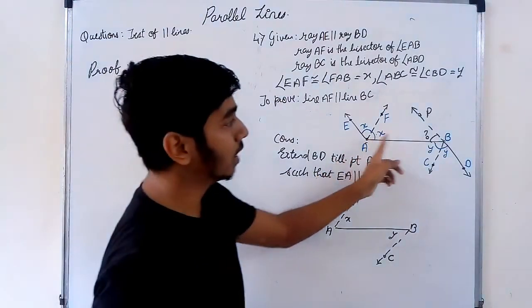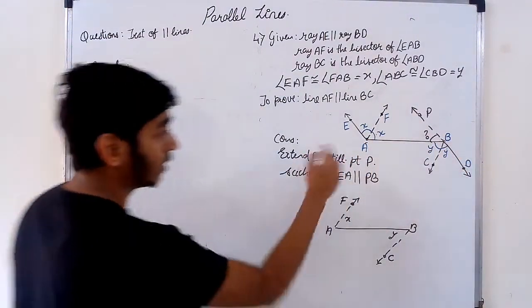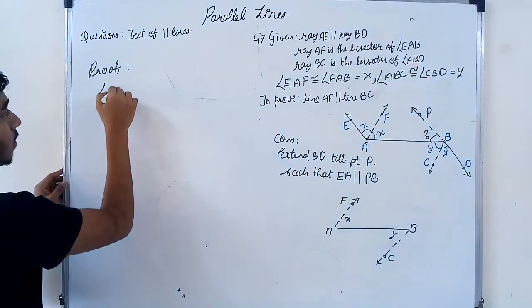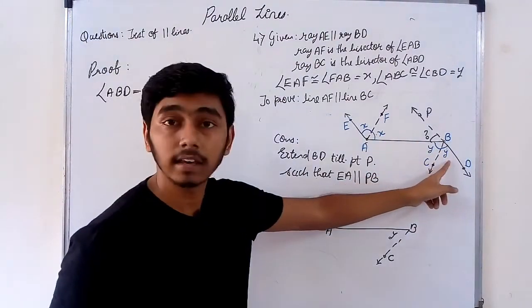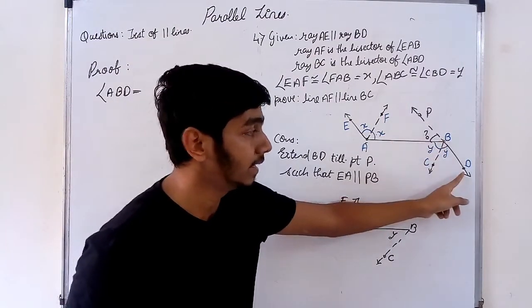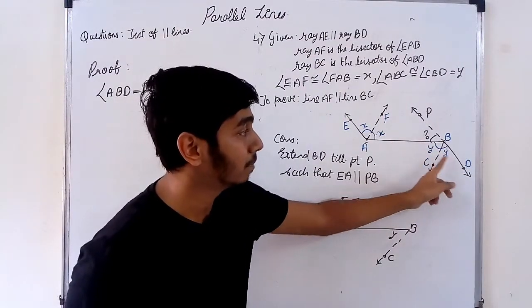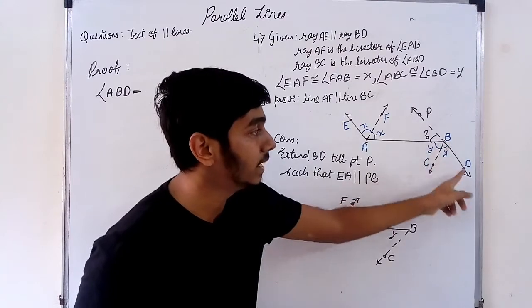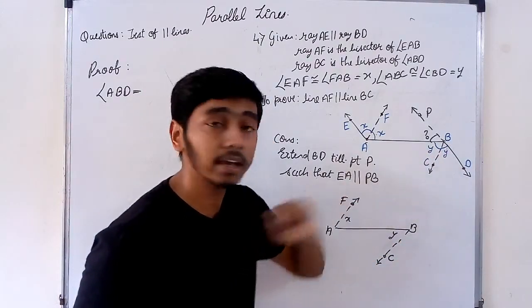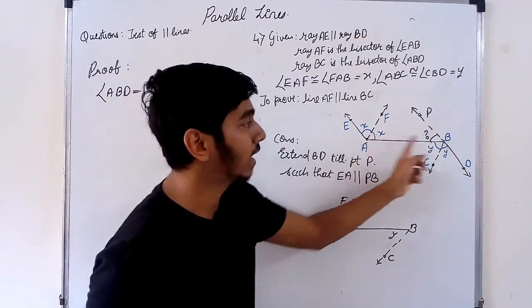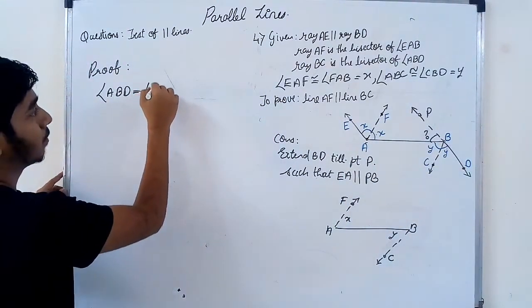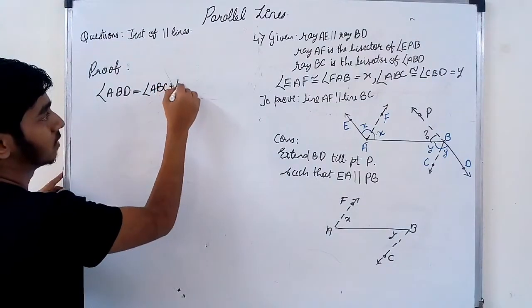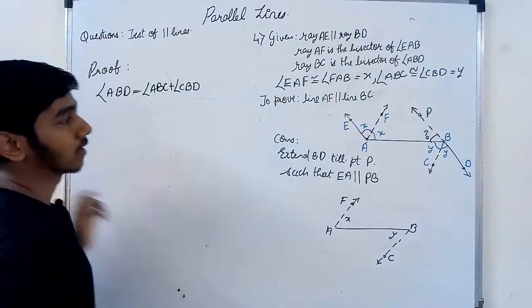Now you know angle ABD is what? Y plus Y. Yes or no? Angle ABD, that is angle ABC and CBD, they both are the same, which is Y and Y. Therefore, this whole angle ABD can be written as angle ABC plus angle CBD, correct?